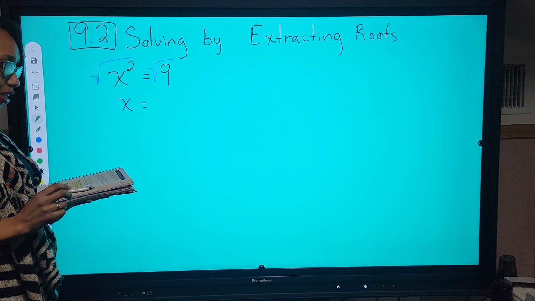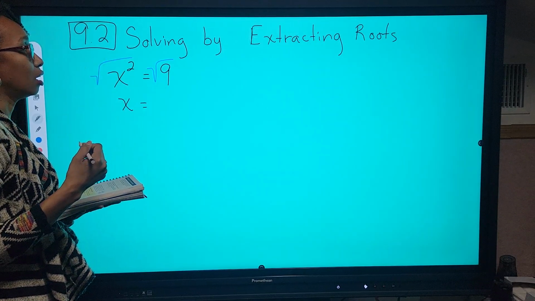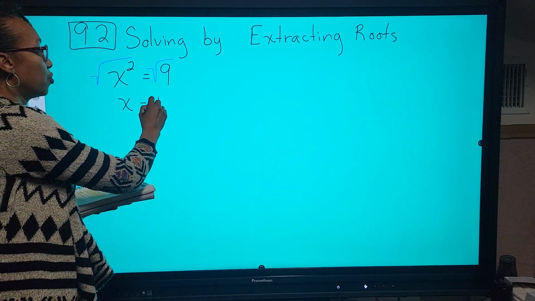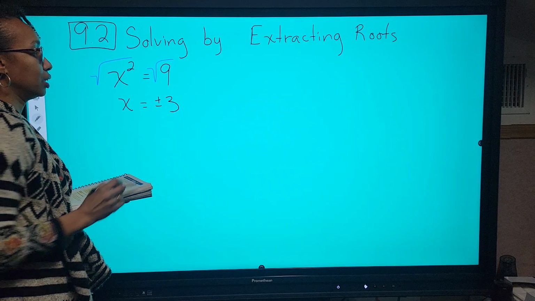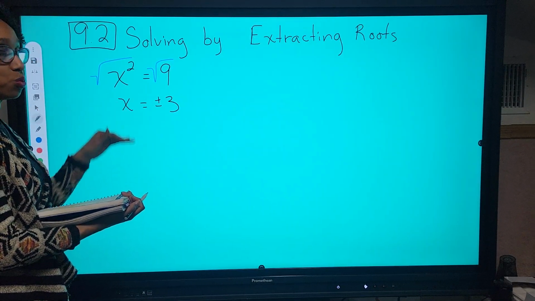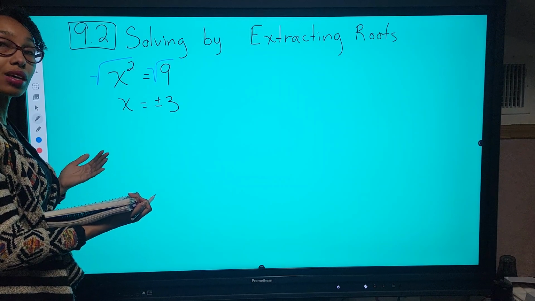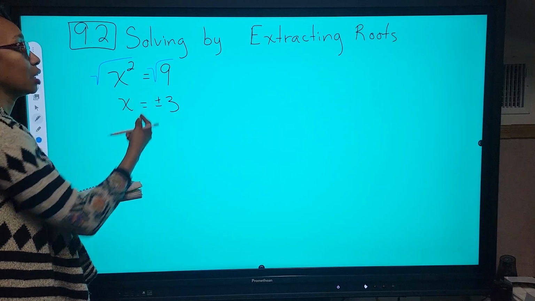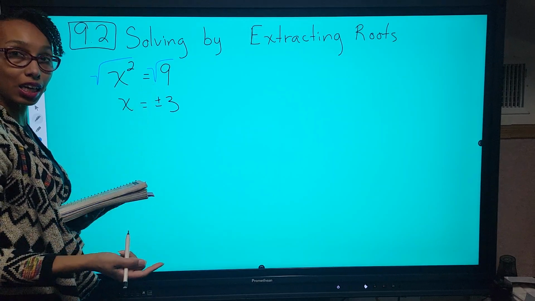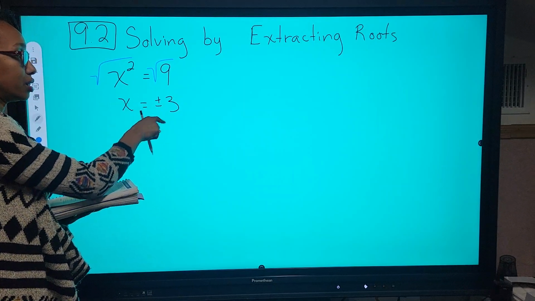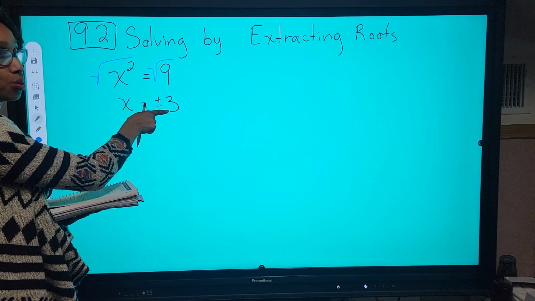The square root of 9, we recall, the principal root would be 3, but in this section we're going to need to acknowledge both roots. That could be positive 3 or negative 3. Recall that 3 times 3 equals 9, or negative 3 times negative 3 would also equal 9. So we're going to include both of these and write it as plus or minus 3.